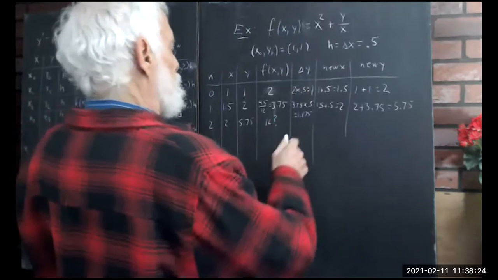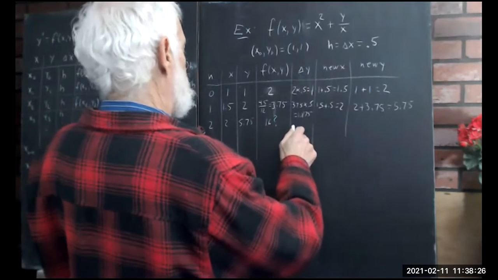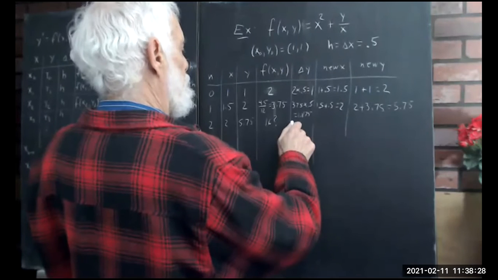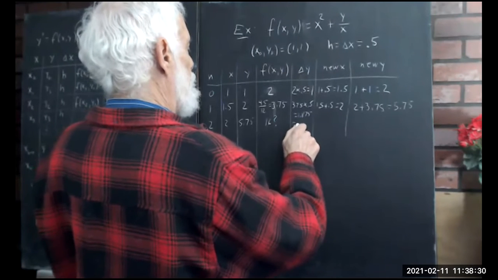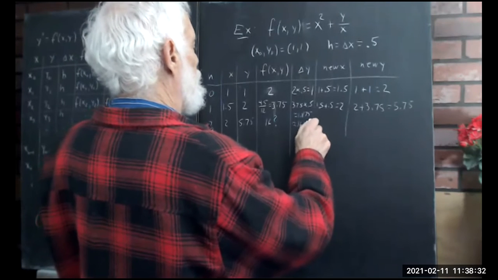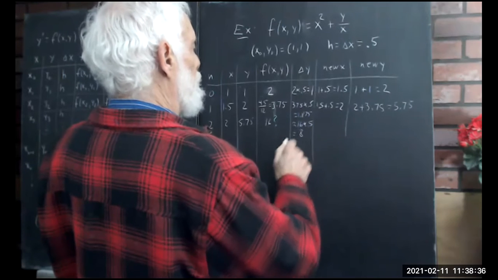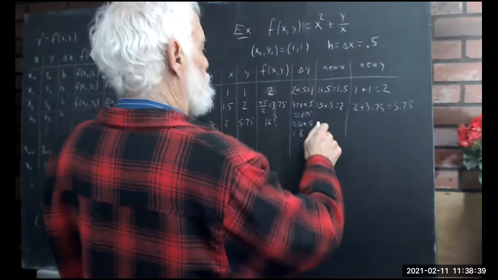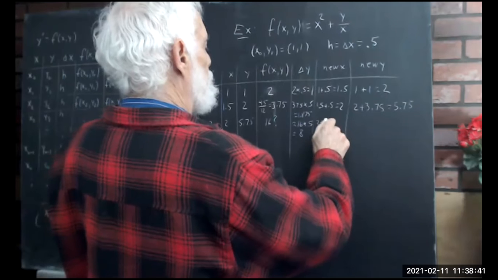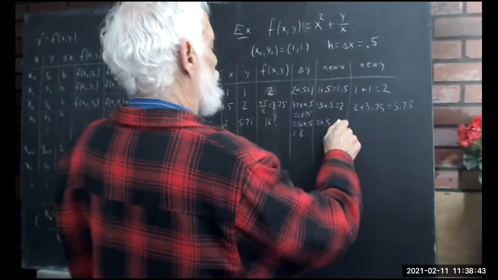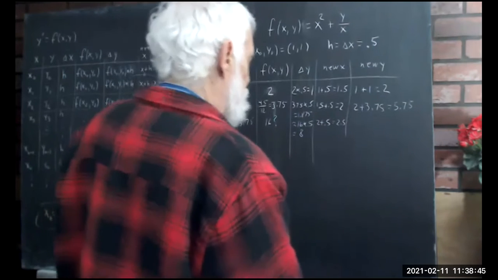This is then approximately 16 times 0.5, which is 8. So your new x is going to be 2 plus 0.5, which is 2.5.